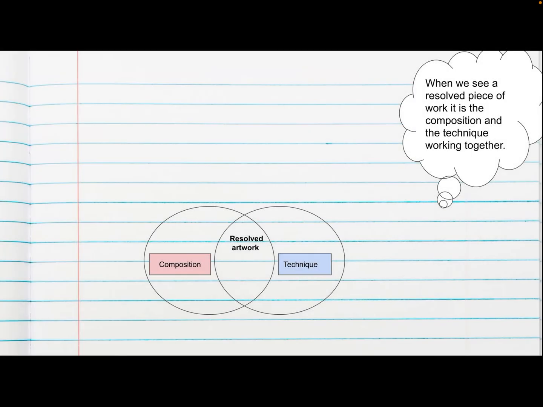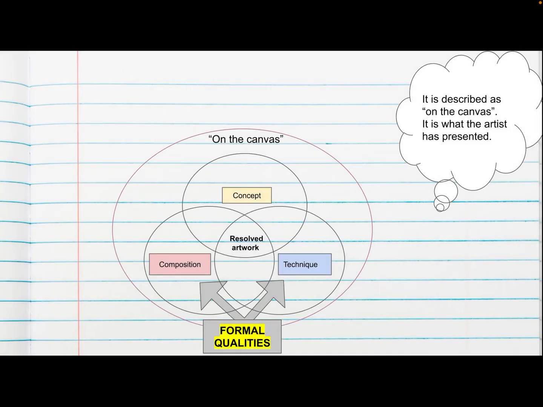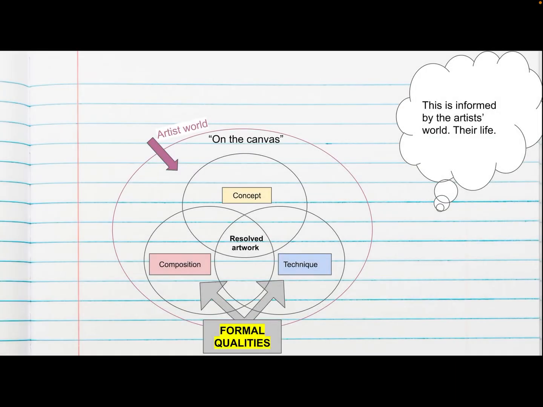So just a reminder, when we're looking at a piece of work, it's the composition and the technique working together. These are our formal qualities. It's informed by the concept. This is what we describe as on the canvas. It's what the artist has presented us.